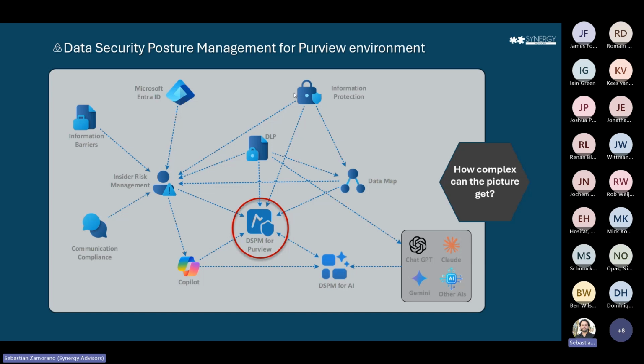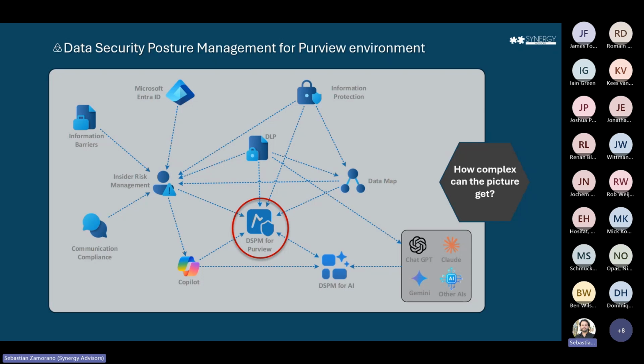And it happens that no one has the capability to view all the alerts, all the flags that arise on all the different technologies that we can find in Microsoft Purview and Microsoft Entra. And in that order of ideas, DSPM uses the capabilities of Copilot to have that visibility.